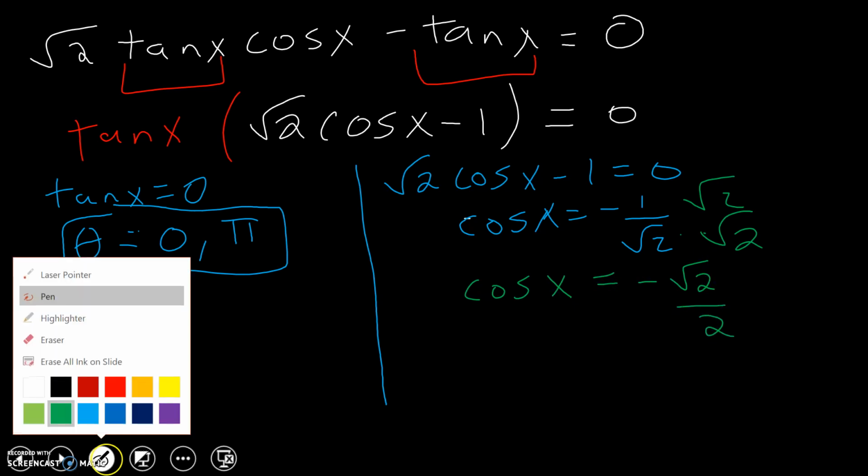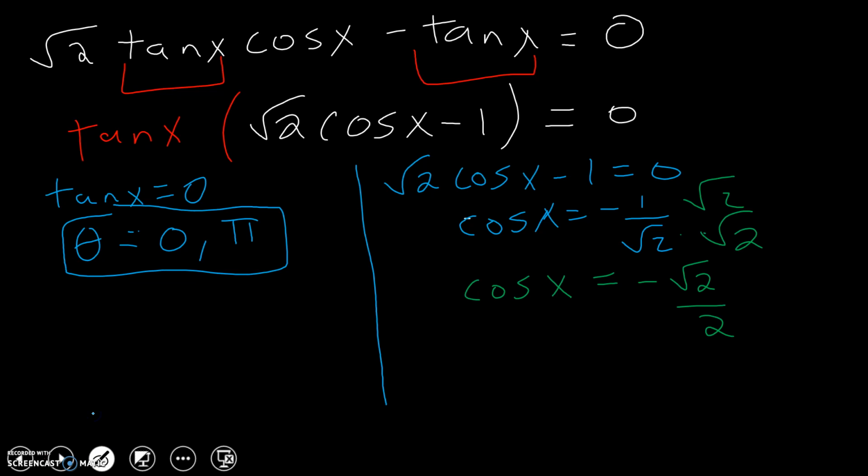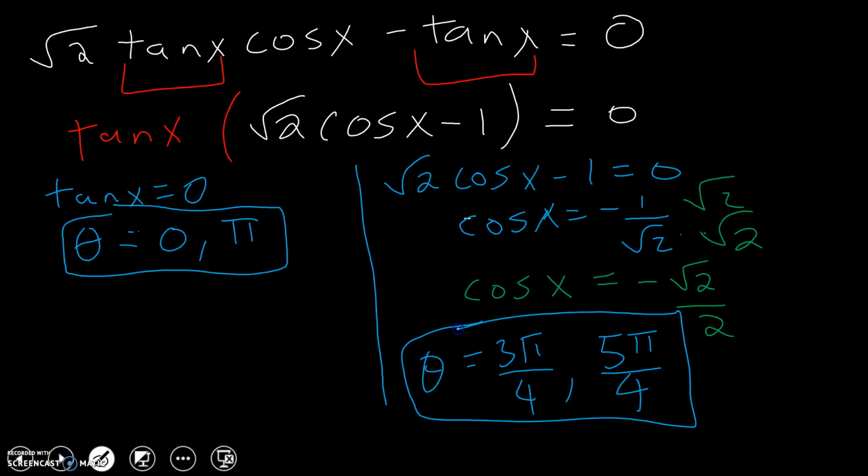So where does cosine of x equal negative root 2 over 2? Well, that angle is going to be at 3 pi over 4. So theta is going to be equal to 3 pi over 4 and 5 pi over 4. So this is going to be your answer.